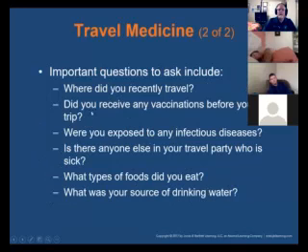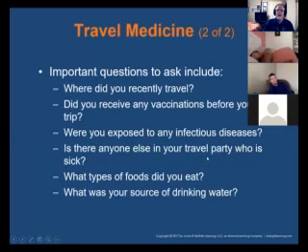Where did you travel? Did you get any vaccinations before you traveled? Do you know if you were exposed to any infectious diseases, communicable diseases while you were gone? They won't know the difference. You're just now learning the difference. So were you exposed to any sick people while you were there that you know of?